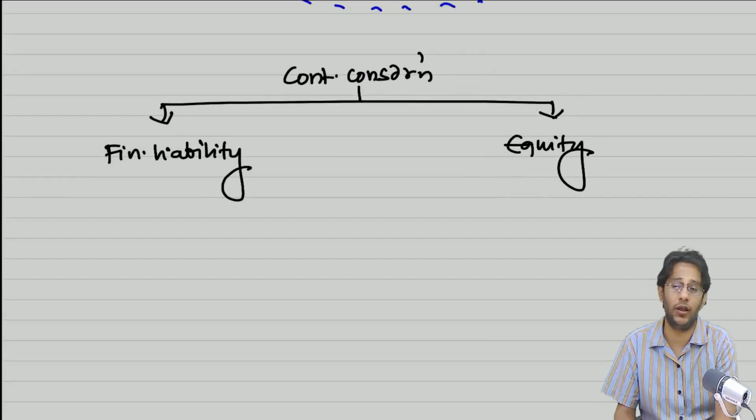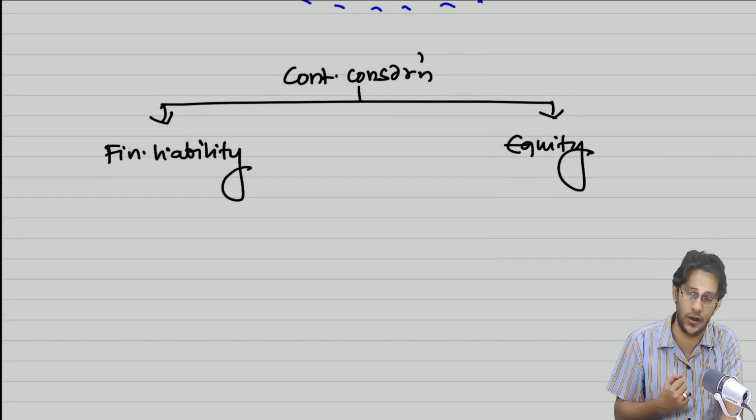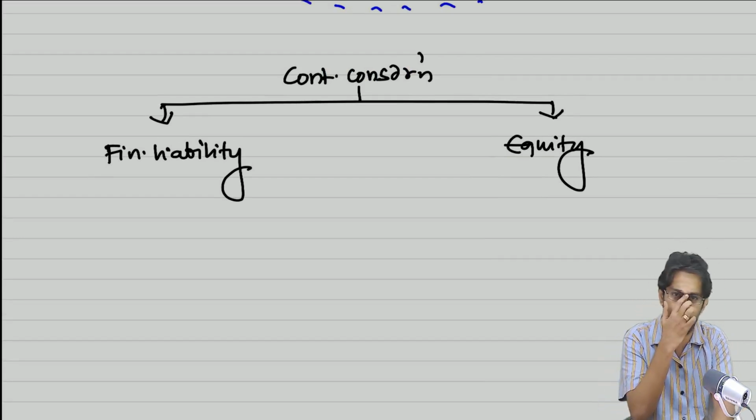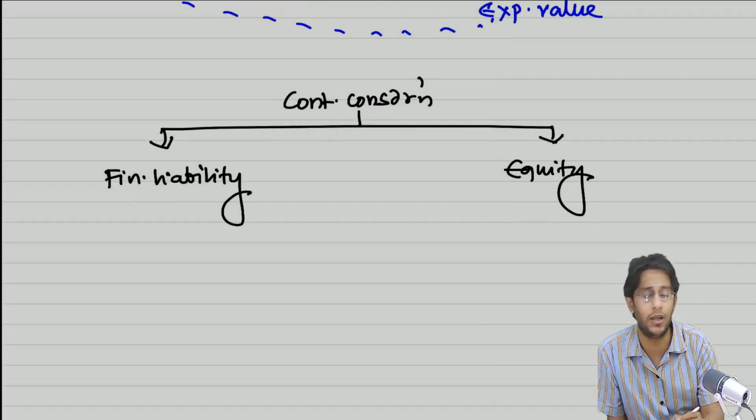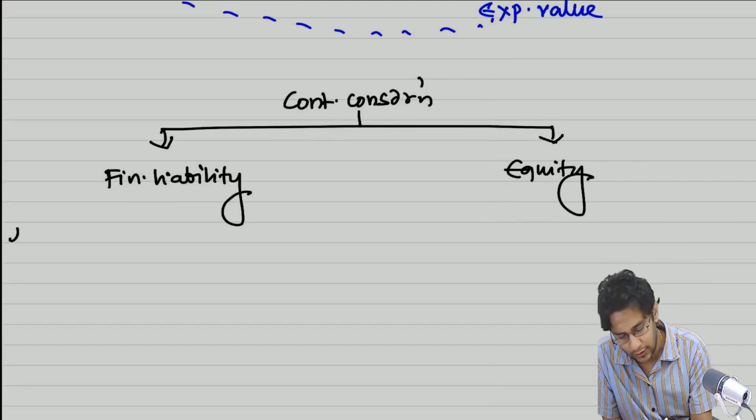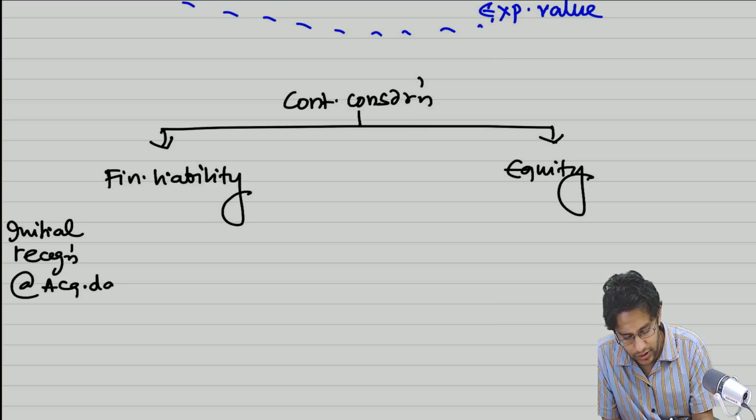If you say that you will pay cash on a future date if a condition is satisfied, or you will issue a variable number of shares, then it becomes a financial liability. Let it be financial liability, let it be equity. Initial recognition at the acquisition date is done at fair value only.